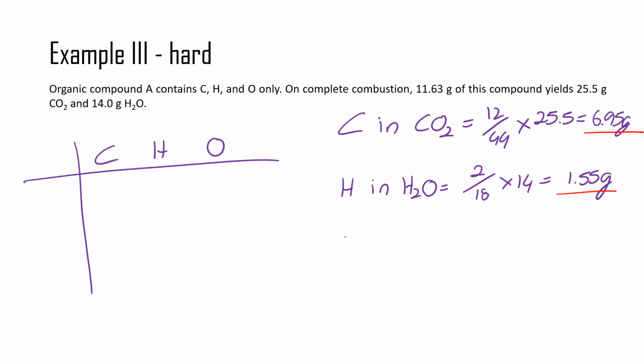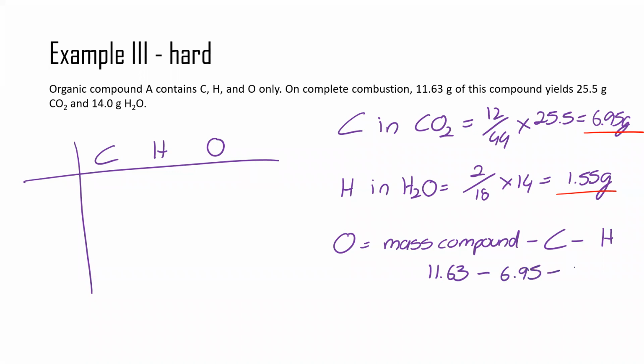Okay, for oxygen, it is equal to mass of compound minus carbon minus hydrogen. So this will be 11.63 minus 6.95 minus 1.55, which is equal to 3.13 grams.